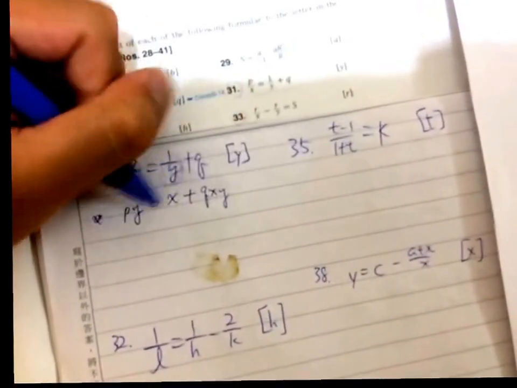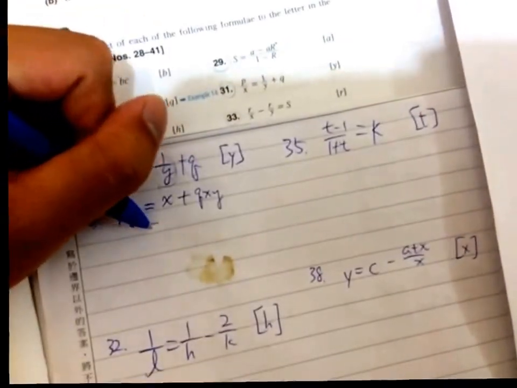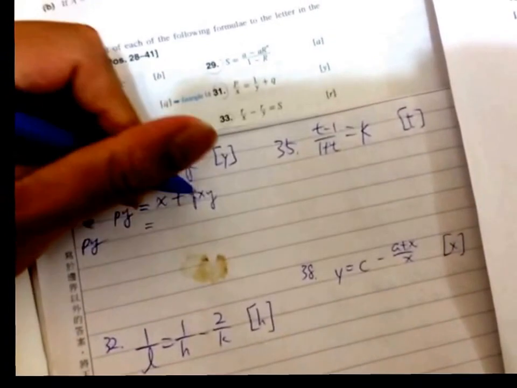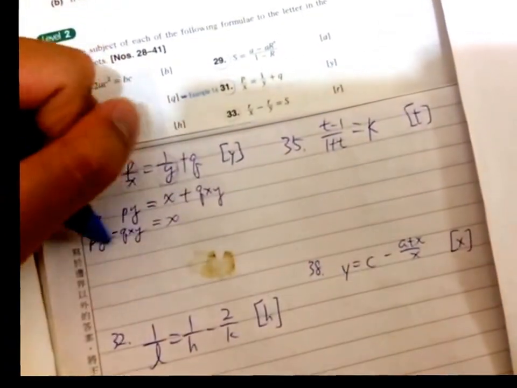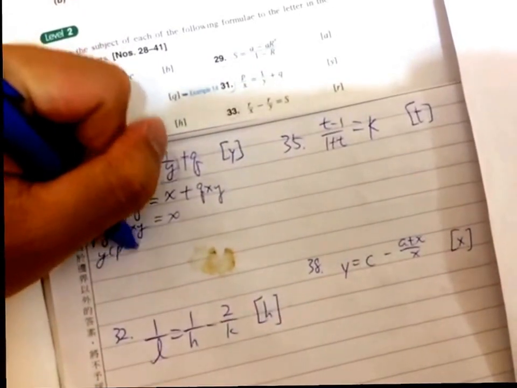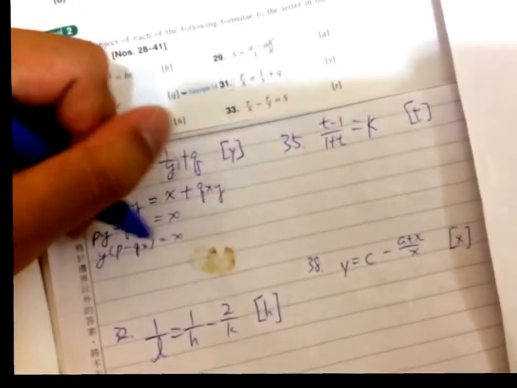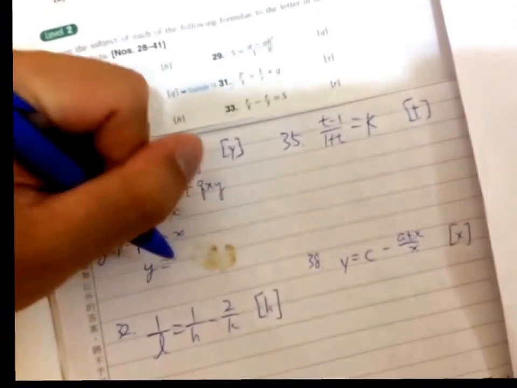So y is in these two terms. So I will move this to the right hand side, and then factor out the y. So x over this one will be the answer.